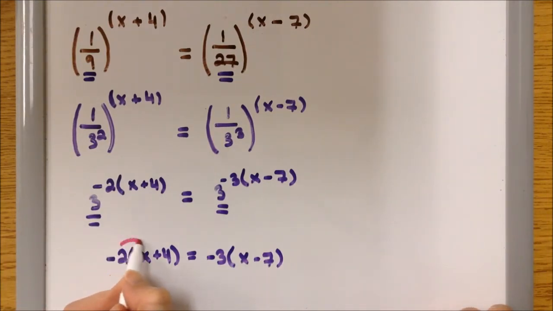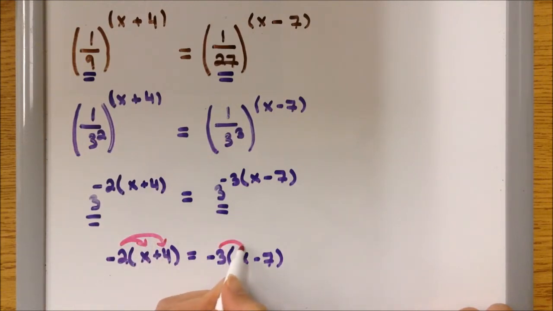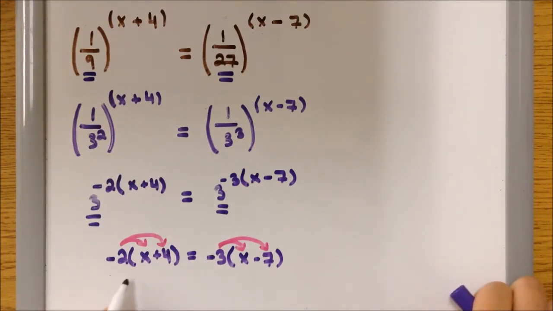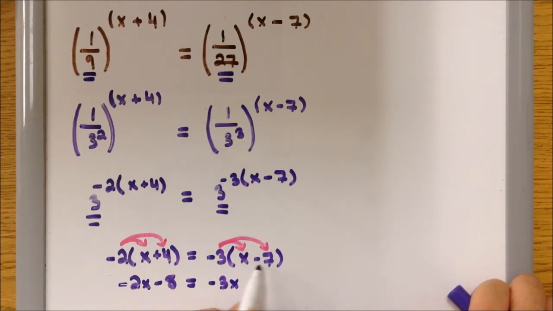In this example, we are distributing on both sides, the left side and the right side. So, negative 2 times x, negative 2x, negative 2 times plus 4, minus 8. Negative 3 times x is negative 3x. Negative 3 times minus 7, that's plus 21.